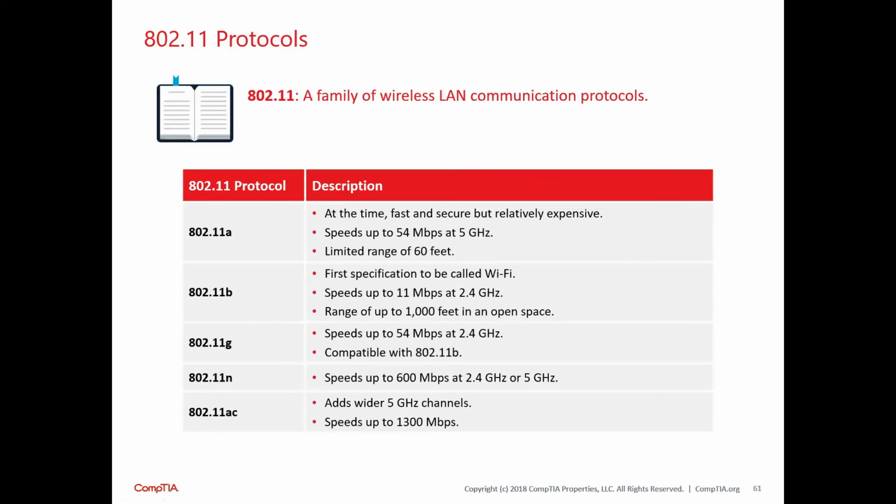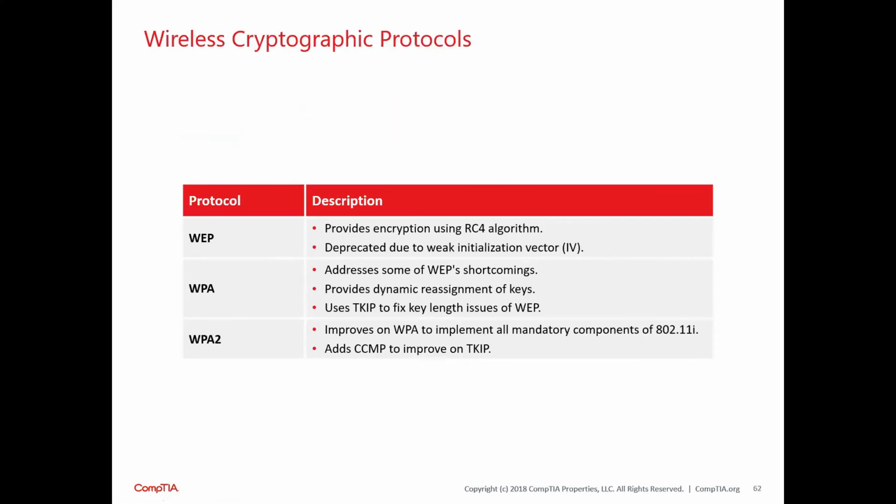The older ones were G and N, which only support up to 600 Mbps. For cryptographic protocols, the older version was WEP, which provides encryption using the RC4 algorithm and was deprecated due to the weak IV. You can easily crack WEP wireless within 20 seconds.